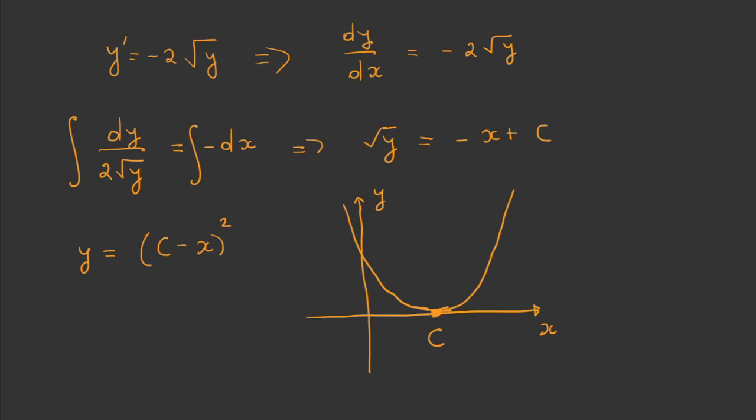It turns out that not all of this parabola is the solution curve. Only the left-hand side portion of it, to the left of the point (c, 0) on the x-axis, is the solution curve. The second part to the right of that point is not part of the solution curve. And in fact, I have to erase this part.